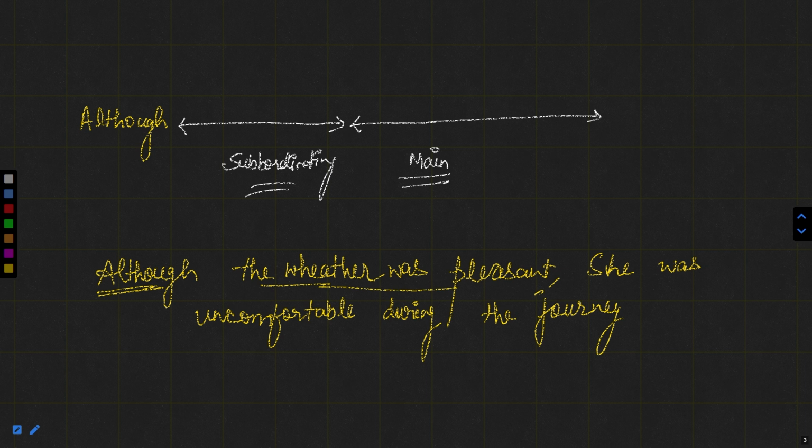Now this will be the subordinating clause, because it is preceded by the word although, the subordinating conjunction, whereas the remaining part, she was uncomfortable during the journey, is the main clause, because it is serving as a complete sentence in itself. So this is how we use a subordinating conjunction along with the main clause.